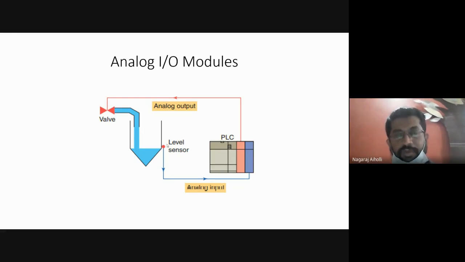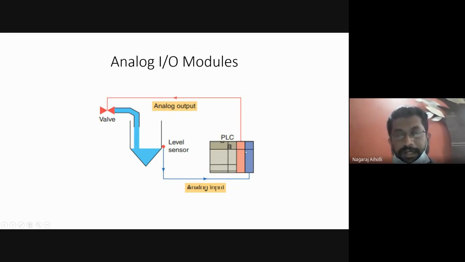Okay, so some type of level sensor has to be used. Here we are using a level sensor to sense the level, and once it senses that level, it converts the height of the liquid in the tank to a suitable voltage, and then it sends it to the PLC. This is our analog input. What will this PLC do?